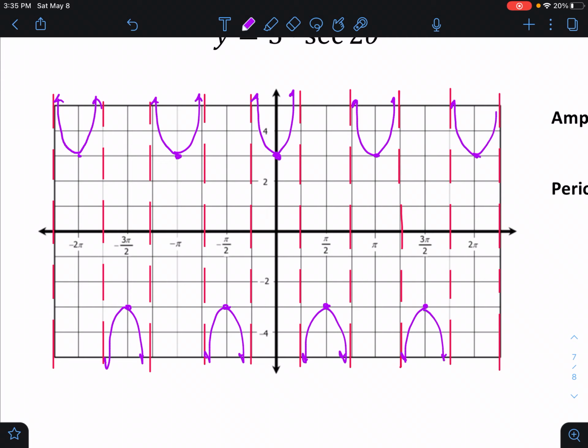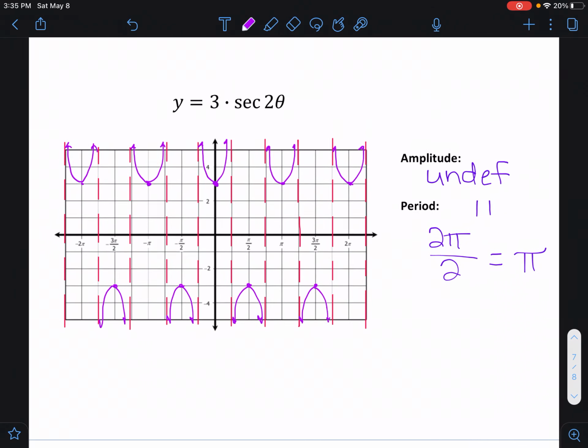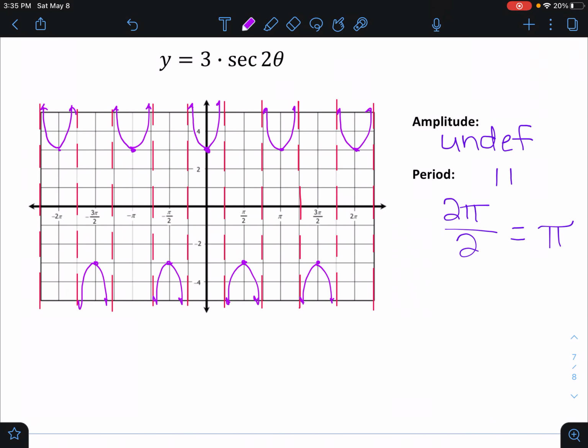Okay, and there we go. That's secant. Like I said, secant's the trickiest one because of this kind of straddling the y-axis.